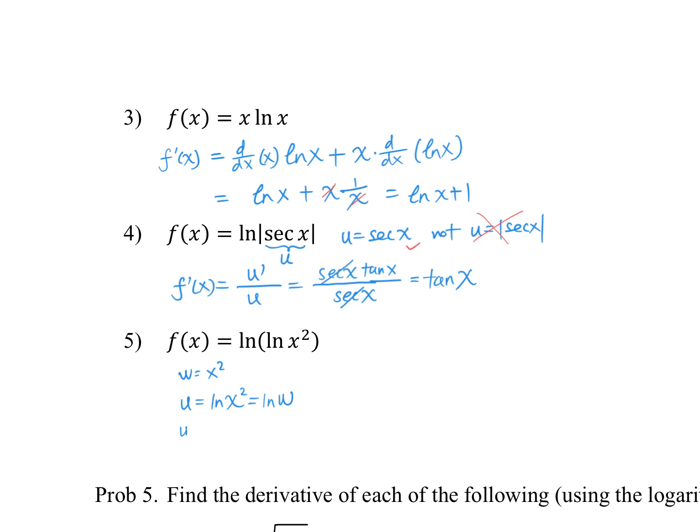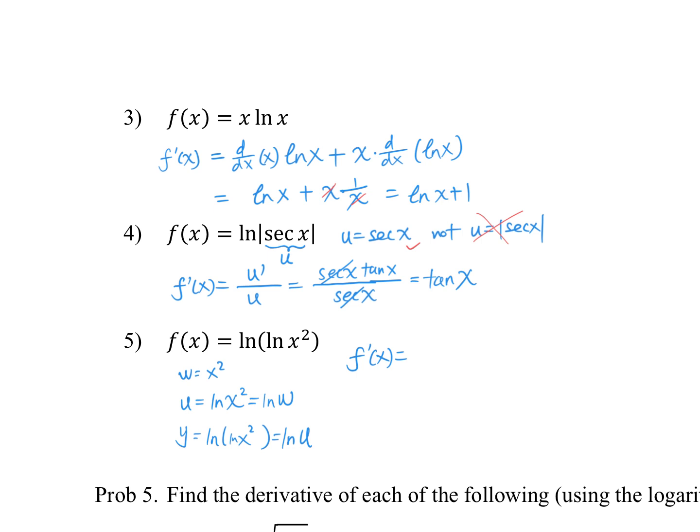And the outer function y is equal to ln of the u, right? So this is the ln x squared, which is the ln of the u. Now for the derivative, you just multiply the derivative of the outermost times the derivative of the middle one times the derivative of the innermost.